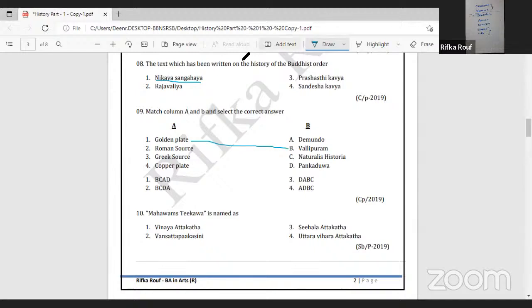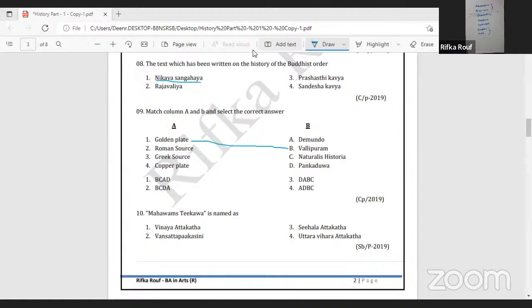So children, the Vallipuram belongs to which king's time? Which king's ruling period does this Vallipuram golden plate belong to?